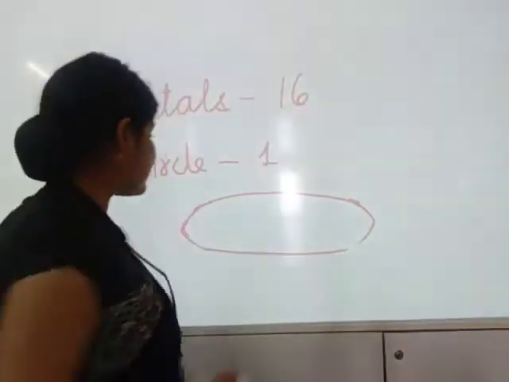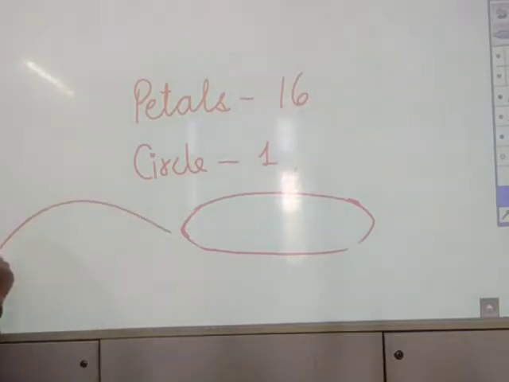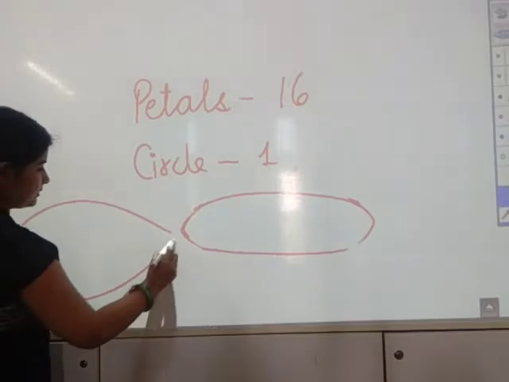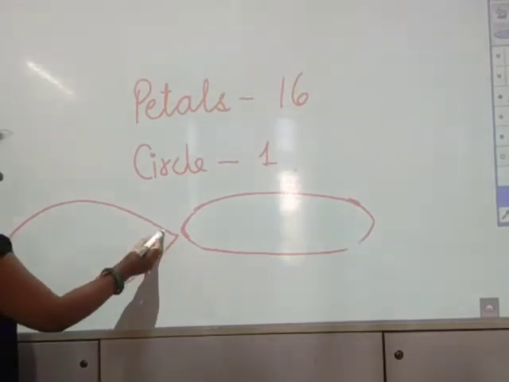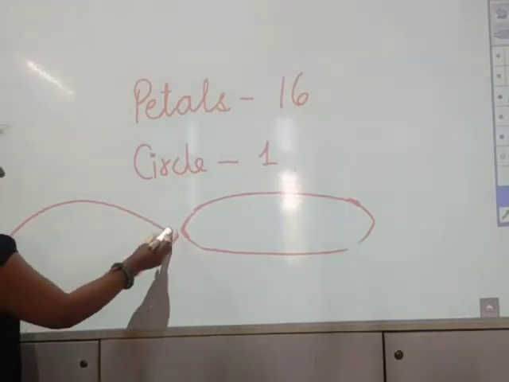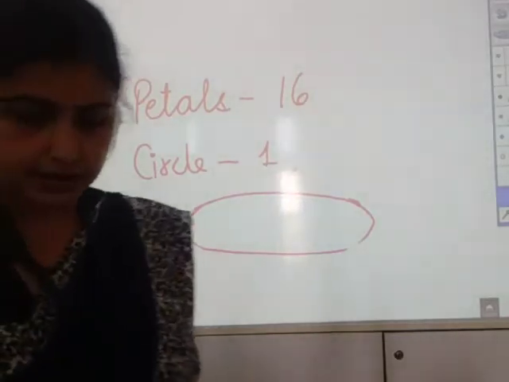Or else you can just draw a leaf on a piece of paper and यहाँ पर एक circular edge बना दो. This will look like this. So I am doing the same.